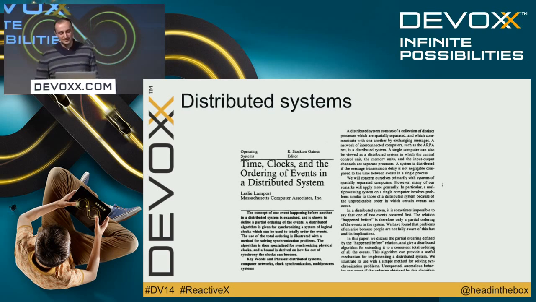So the combination of time and distributed systems is really a complicated one. So what Rx does is basically duck the question and just virtualize time. And it does this by adding another component.